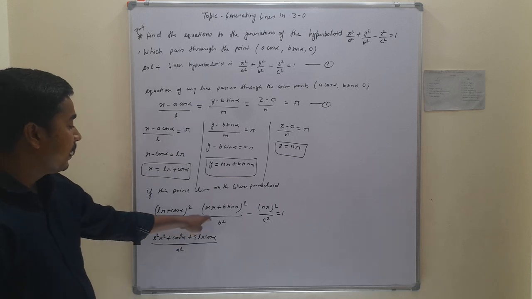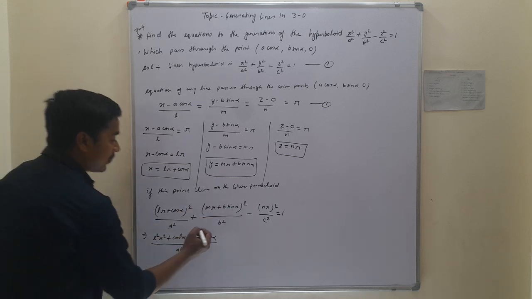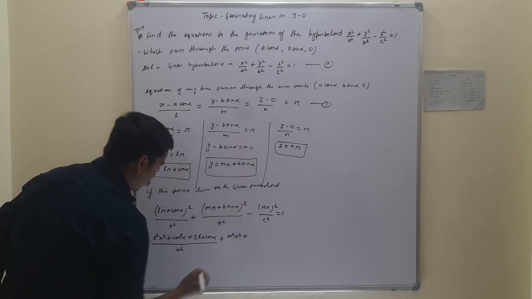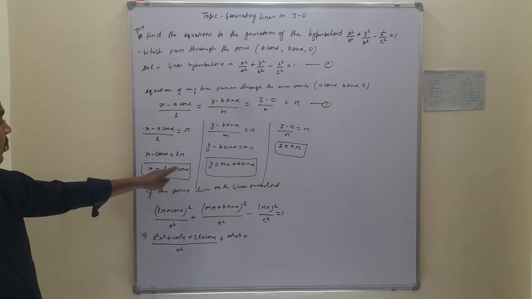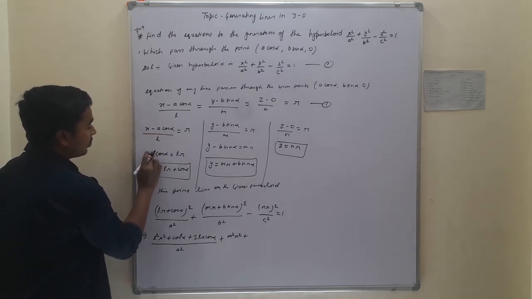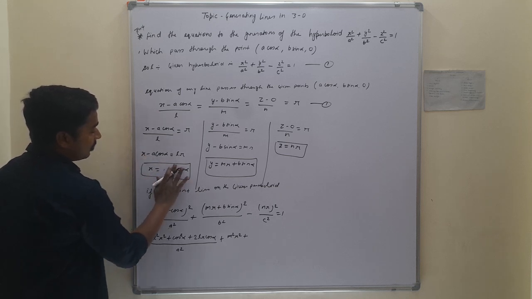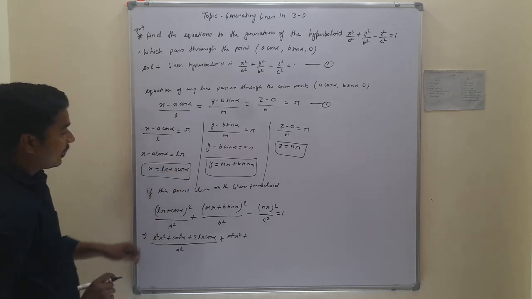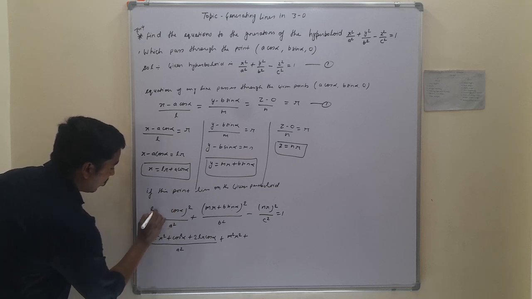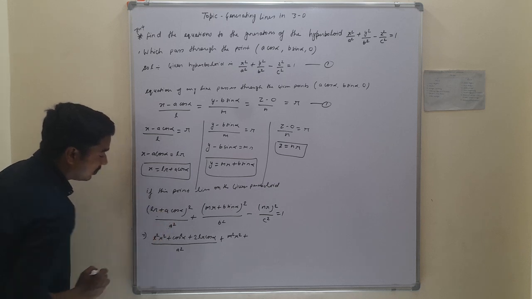Similarly we have to open (mr plus b sin alpha) whole square.